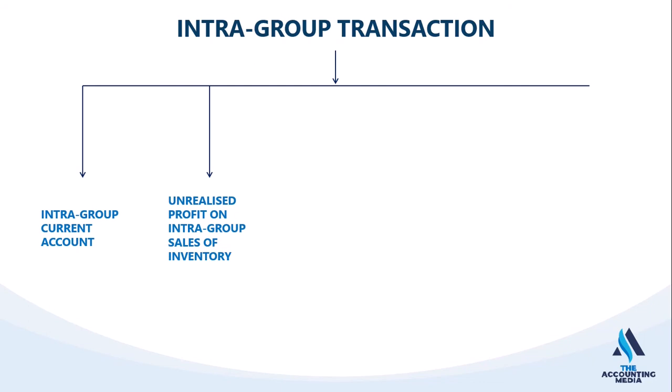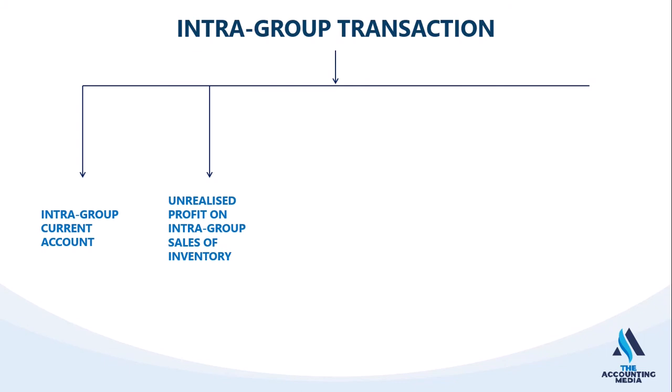Another one we can have is unrealized profit on intergroup sales of inventory. We said that whenever we are in a group together, the parent and the subsidiary are seen as one single company, and as such you cannot make profit from yourself. So if the parent company is selling to the subsidiary company, the parent company is not expected to make profit from the subsidiary.